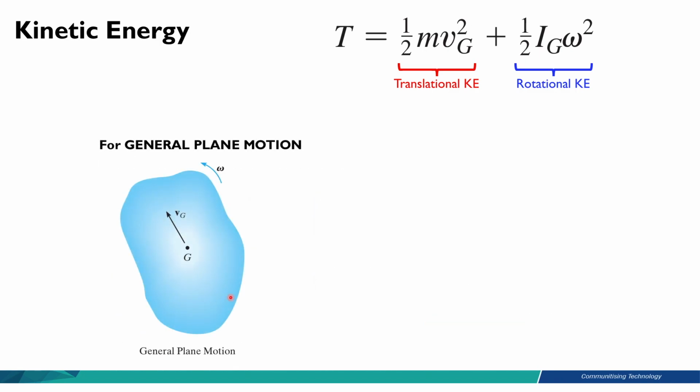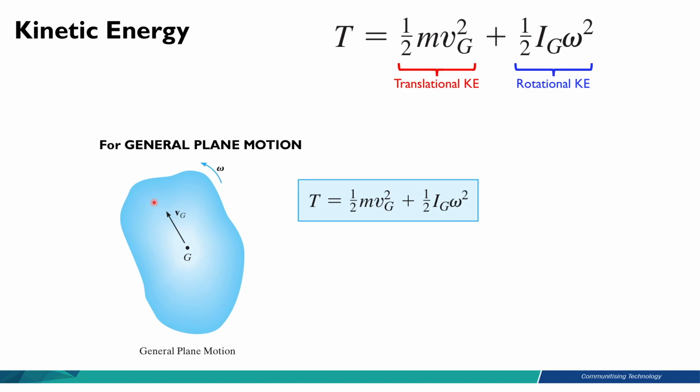For general plane motion, of course, to calculate the kinetic energy, we need to consider both terms as well, because general plane motion is the combination of translation and rotation. So the translational term half mVg square is there, and also plus the rotational term half Ig omega square.